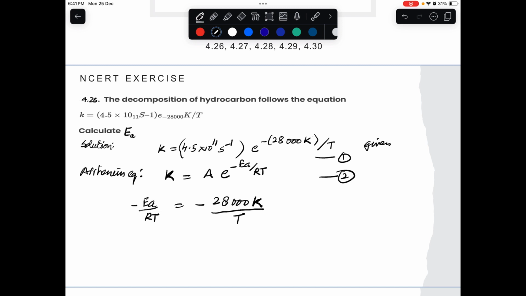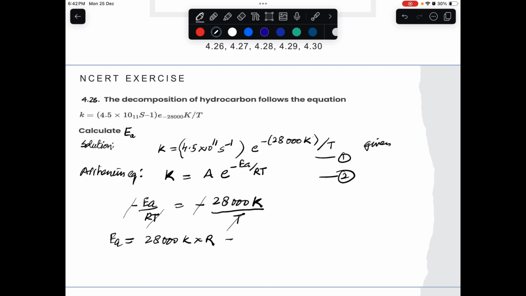Okay, so from here this equation we can rearrange. Minus will cancel out. So we have energy of activation is equal to 28,000 Kelvin into R, that is gas constant. T and T will cancel out.